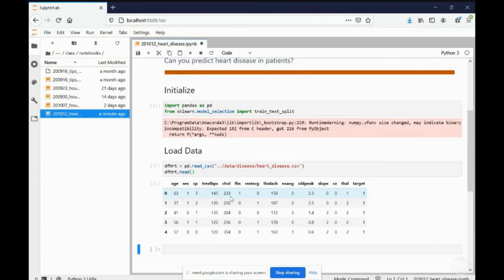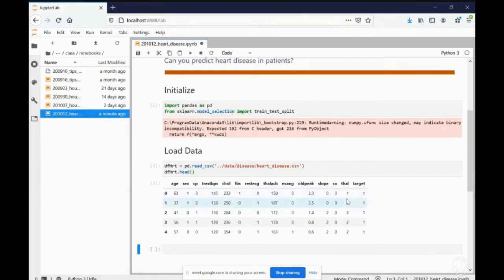Then you've got cholesterol, and then the fasting blood sugar, the resting ECG. This is the maximum heart rate achieved. And then you've got exercise-induced angina. Then you have exercise related to rest. And then these are some calculated values, which is the slope of the peak, the number of vessels colored using fluoroscopy.